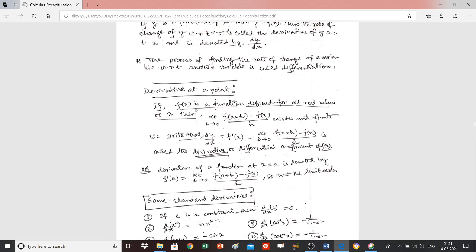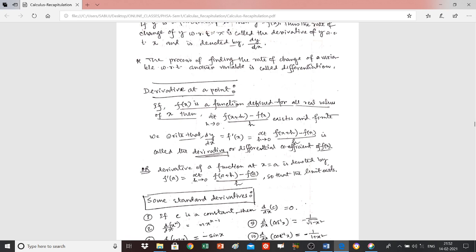If f(x) is a function defined for all real values of x, then limit h tends to 0 of f(x plus h) minus f(x), divided by h, if this quantity exists and is finite.